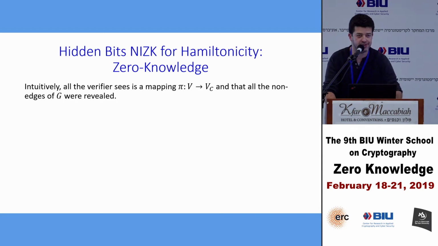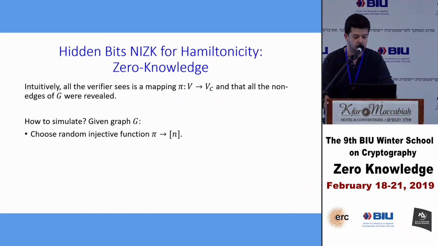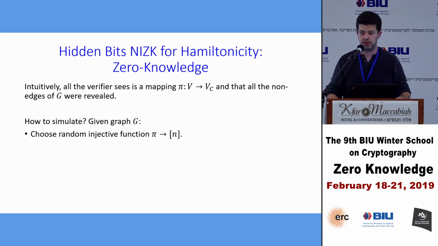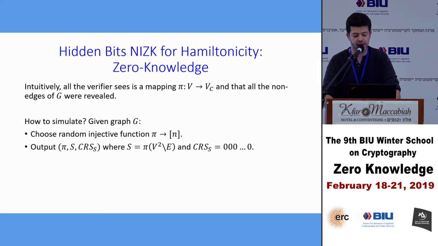And intuitively, this doesn't tell him anything about the actual cycle. To formalize, we're going to show a simulator, which works as follows. The simulator is given a graph G. What it does is choose a random injective function pi to, say, numbers between 1 and n. So a random function, and its output is going to be this random mapping.